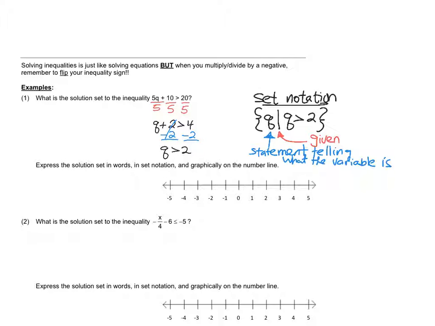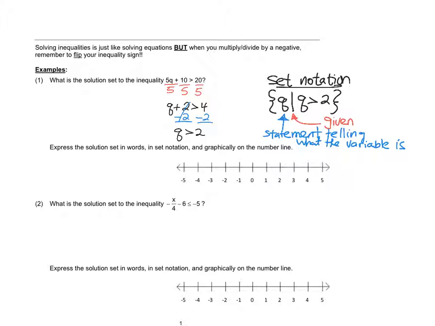So express the solution set in words and set notation and graphically on the number line. So we got the set notation. In words, Q has to be more than 2.